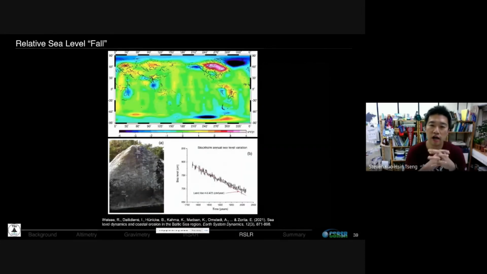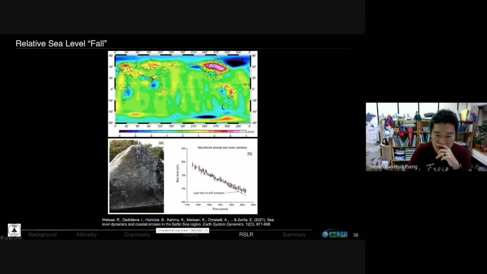Okay, this is probably the last figure, but I will show you an interesting one. This is the annual sea level variation in Stockholm. As I said, this gives us a good idea of the land vertical motion, whether it's uplift or ice melting, the mass loss.